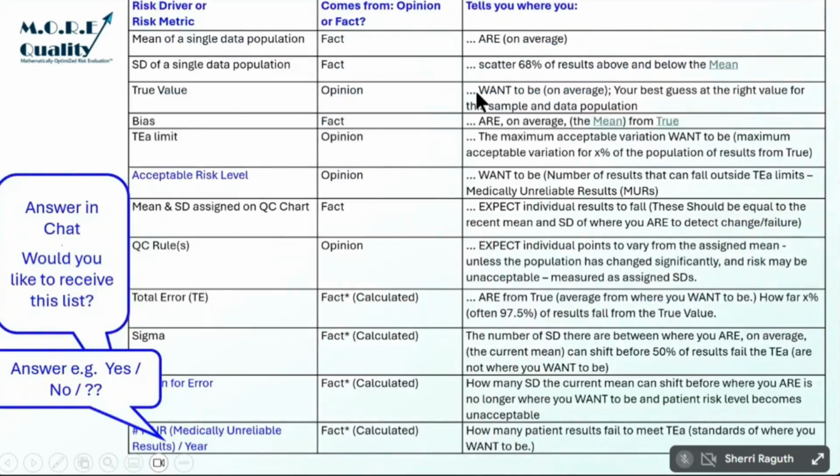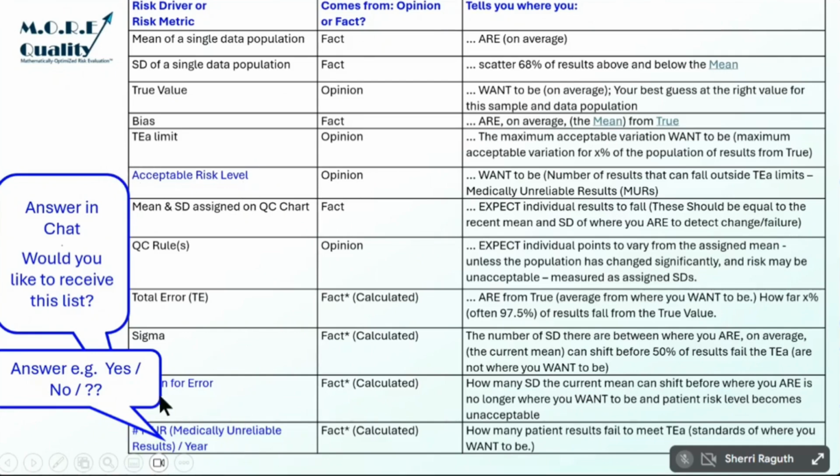I'm not going to read this to you. If you would like to receive this list, this is just an example of the risk metric or risk driver. Does it come from opinion or fact? And what does it tell you? Where you are, where you want to be, or where you expect to be. The acceptable risk level is what's new.